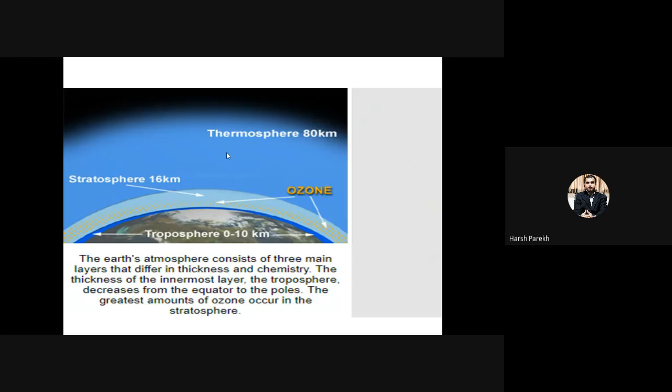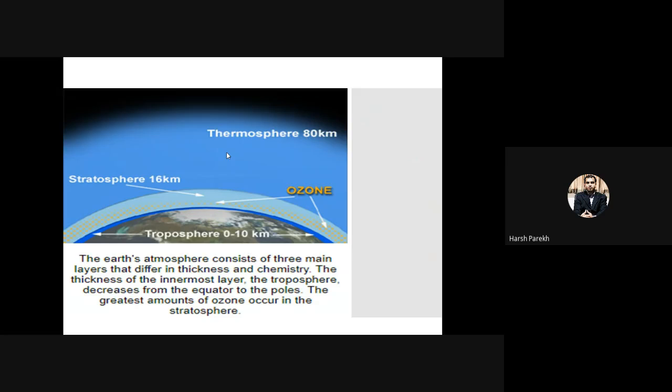Now see, you can see here how the Earth's layers change from place to place. The distance of this from the Earth changes from one place to another. The Earth's atmosphere consists of three main layers that differ in thickness and chemistry. The thickness of the innermost layer, the troposphere, decreases from the equator to the pole.